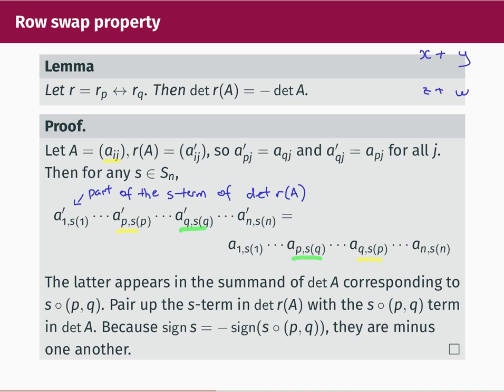But after P you've got S of Q, and after Q you've got S of P. So actually what's happening here is that the term you have here belongs to the S composed with the transposition PQ term, or summand, of det A.